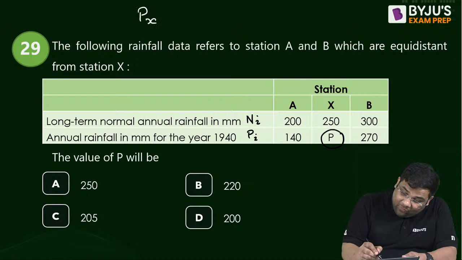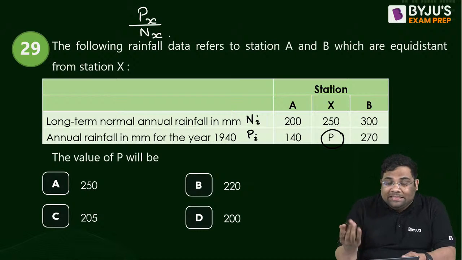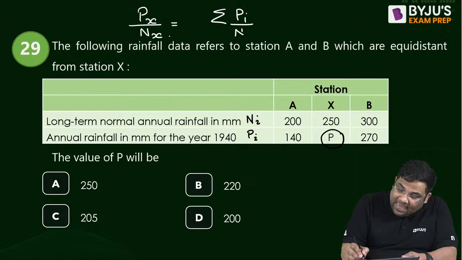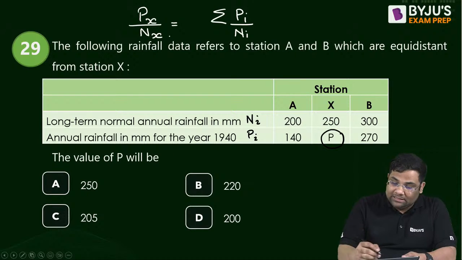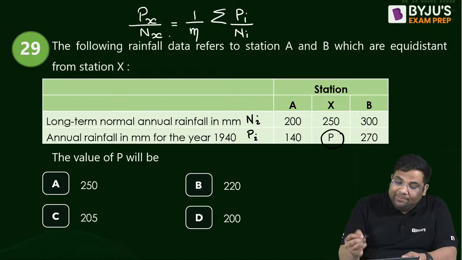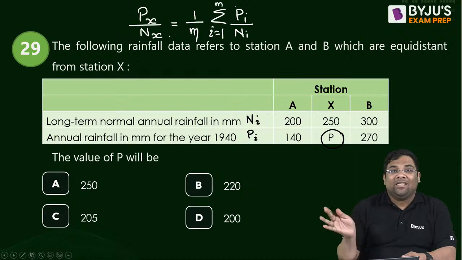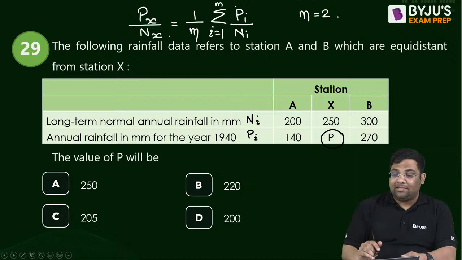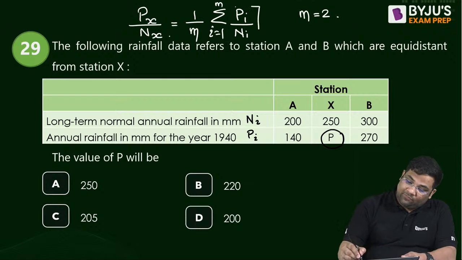The missing rainfall divided by the normal rainfall of the missing station will be equal to the summation of P by N of the remaining stations divided by the number of remaining stations. Here the remaining stations are 2, so M is 2. Find this value and tell me the answer.